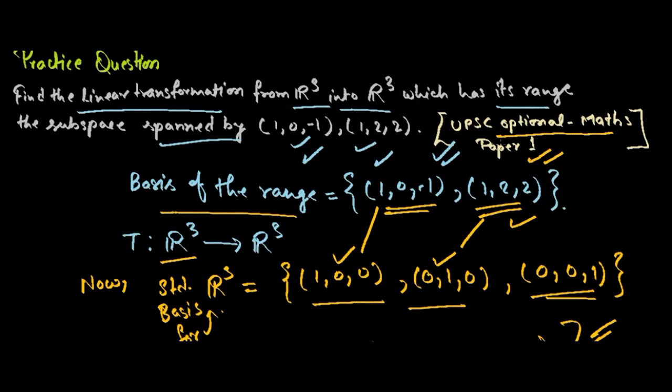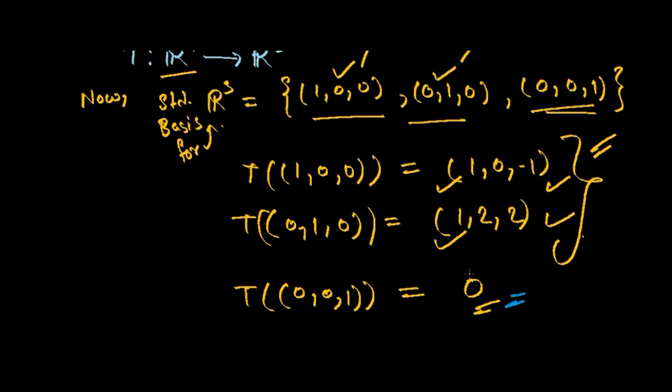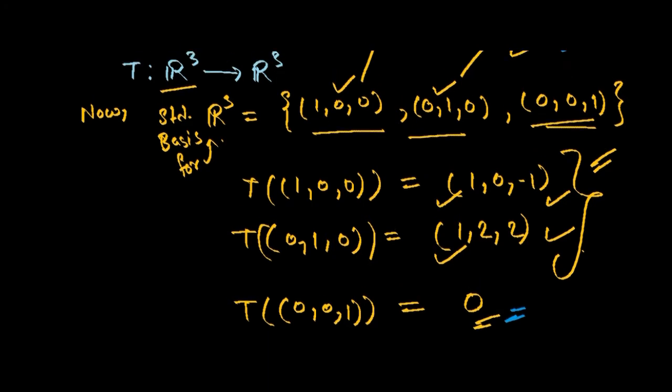Here the third vector is mapped to the zero vector, right? So up to this point it is good.